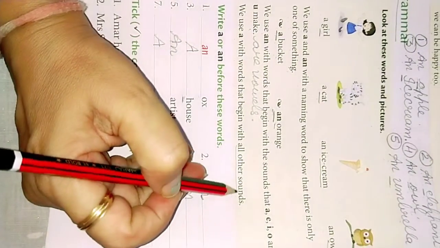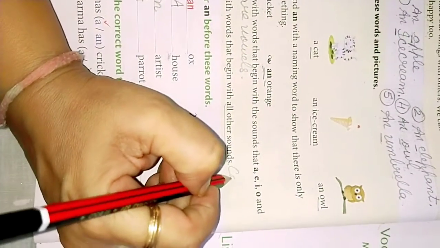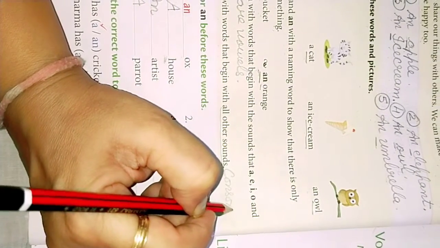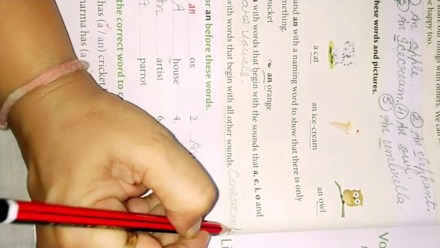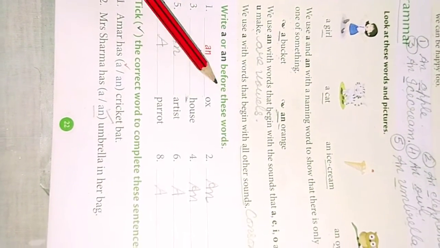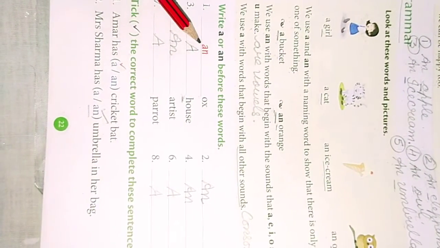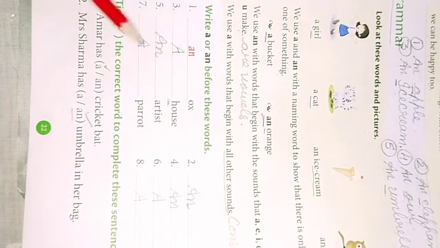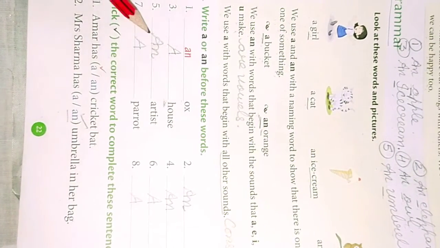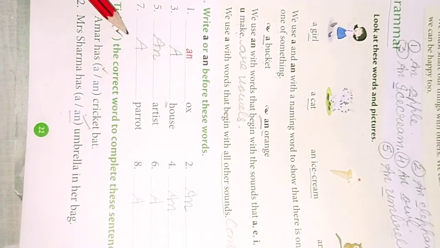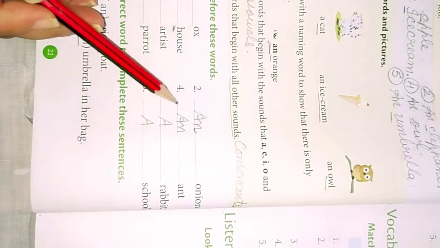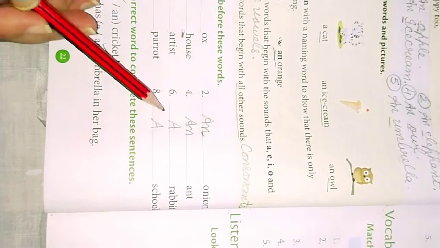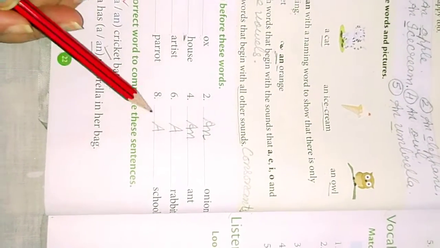What are all other sounds? Consonants. Understood? Now write a and an before these words. First one is done for you. An ox, a horse, an artist, a parrot, an onion, an ant, a rabbit, a school.